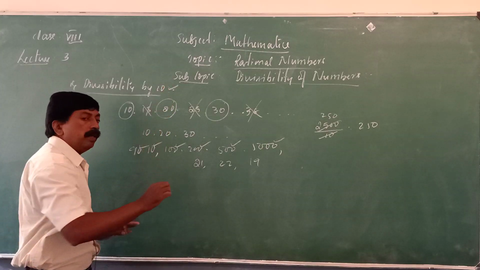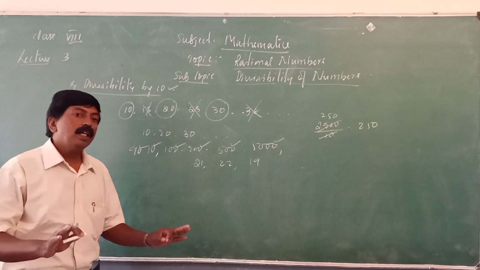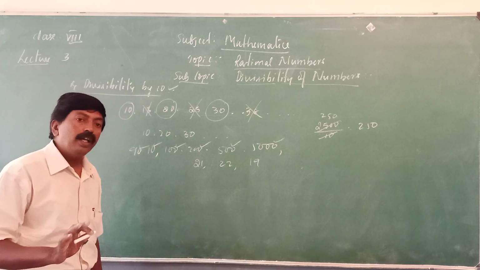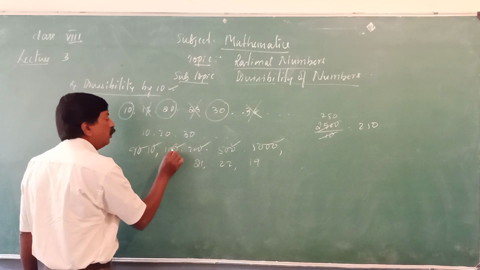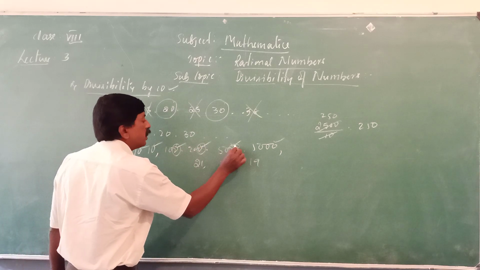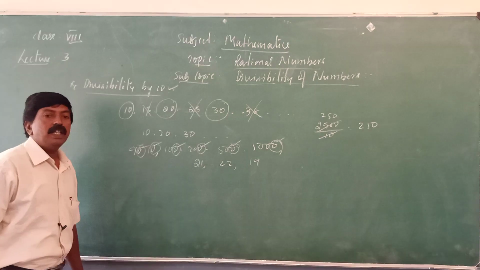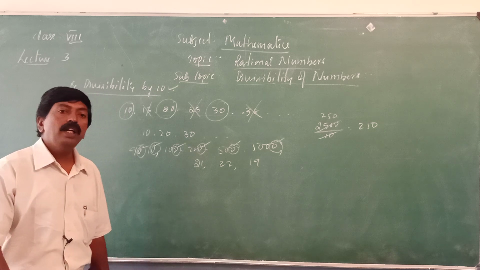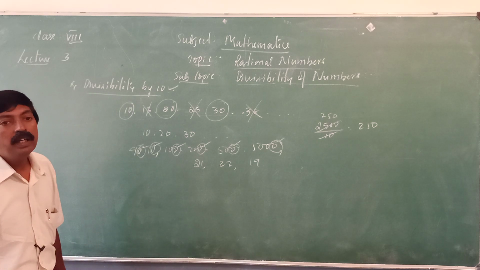For divisibility by 10, you can consider any number, but in the unit place there must be a 0. Other than 0, it is not divisible. If it is 0 at the unit place, definitely that number will be divisible by 10.